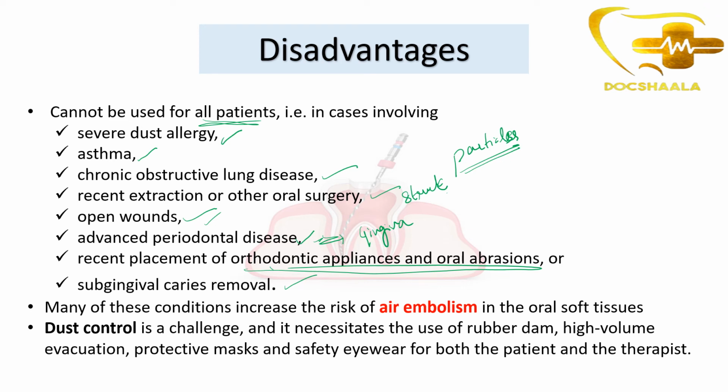With orthodontic appliances and oral abrasions, particles may accumulate in those appliances and abrasions. When subgingival caries removal is required, as with advanced periodontal disease, there is a chance of accumulation of particles in the gingiva. This might lead to further infections rather than treating the tooth.